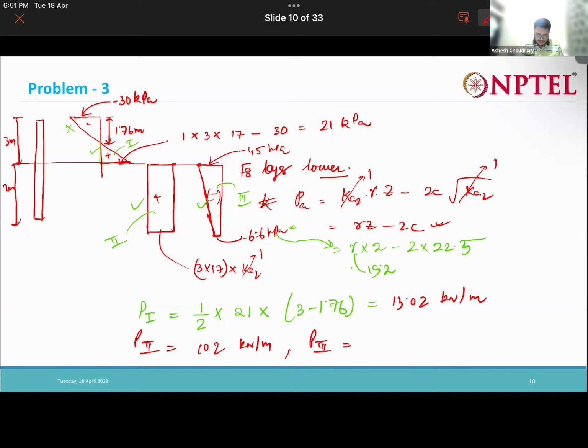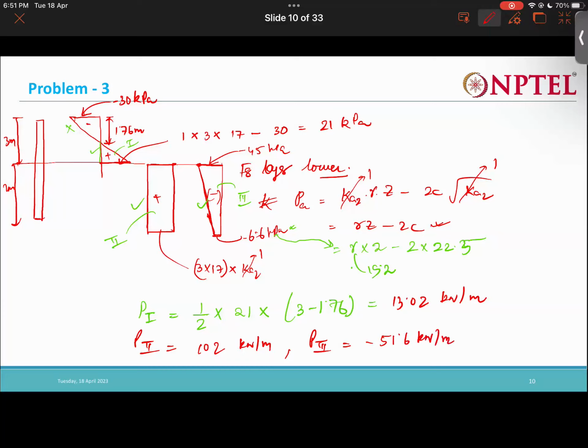P3: what is P3? 0.6 plus, by 2, the area of that trapezium will be minus 51.6.